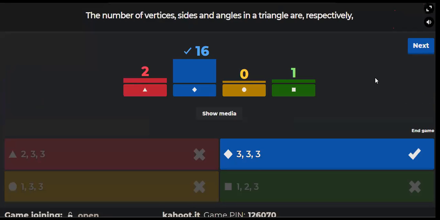How come someone makes the answer 333? This is the first thing that we studied, right?